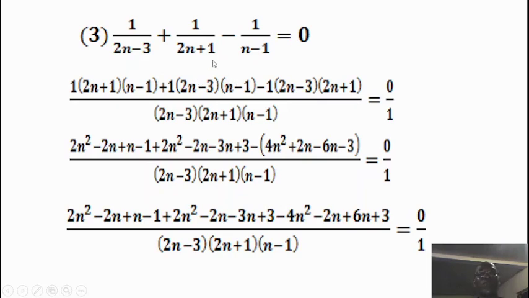Do the same thing all through. When 2n plus 1 goes into dividing, it will delete itself, leaving behind 2n minus 3 and n minus 1. That's also what n minus 1 is going to do. And remember, 0 simply means 0 over 1.